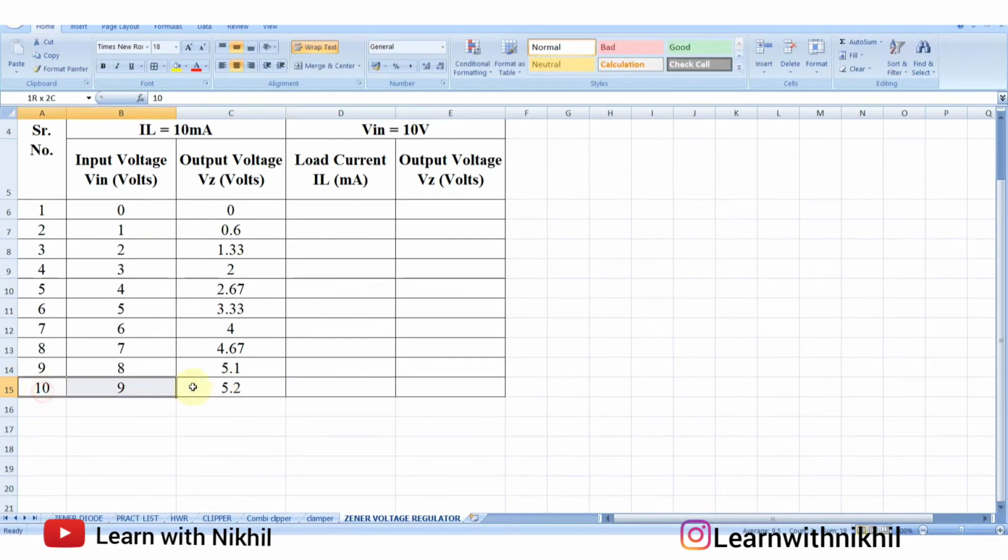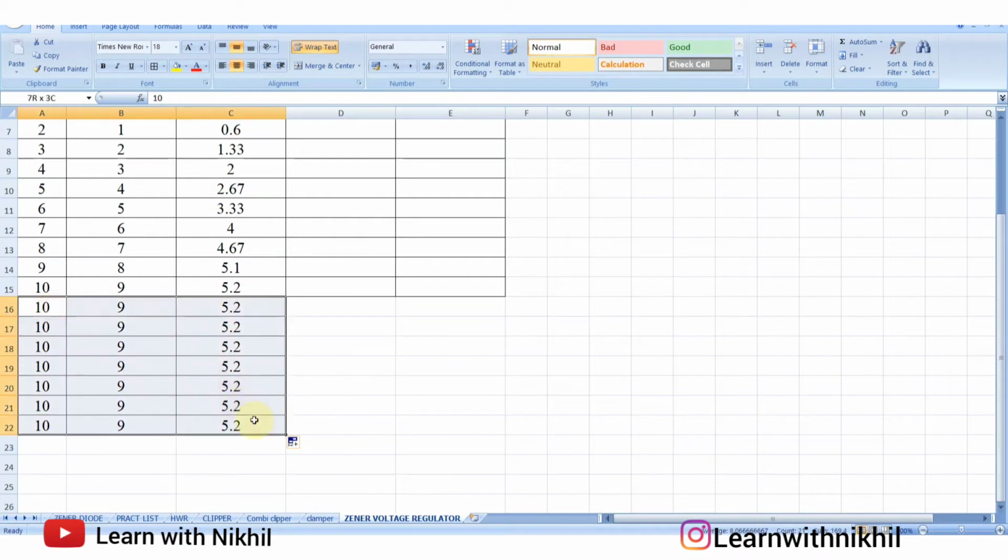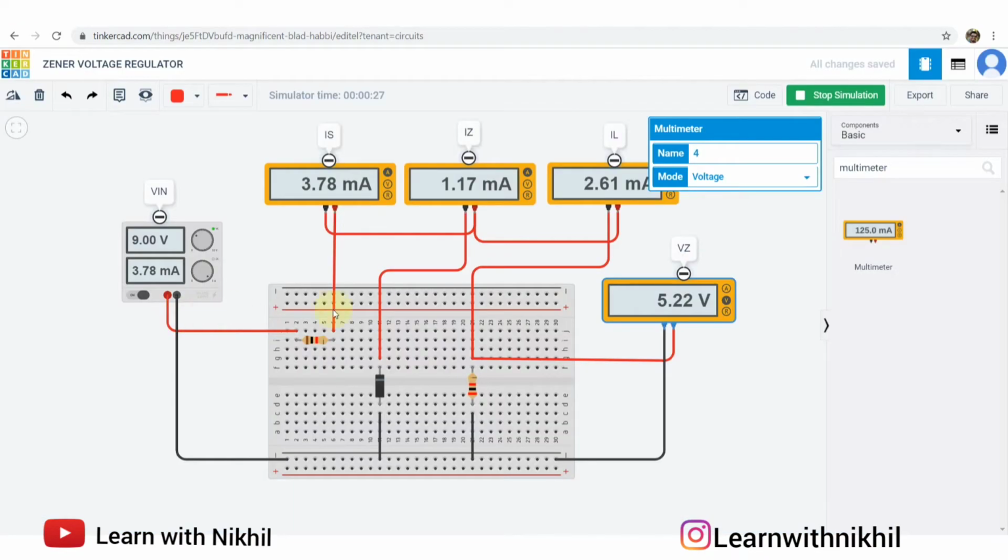I'll just extend this table. I'll take the readings till 15. Now when the input voltage is 10, see, this is 5.29.